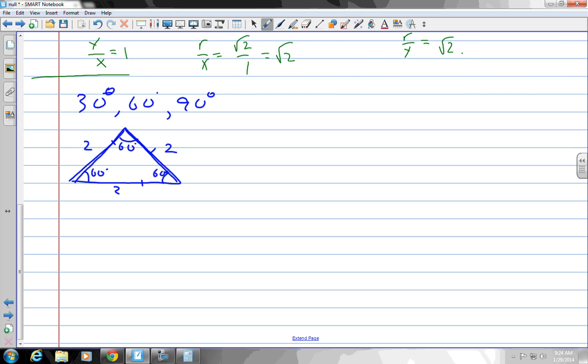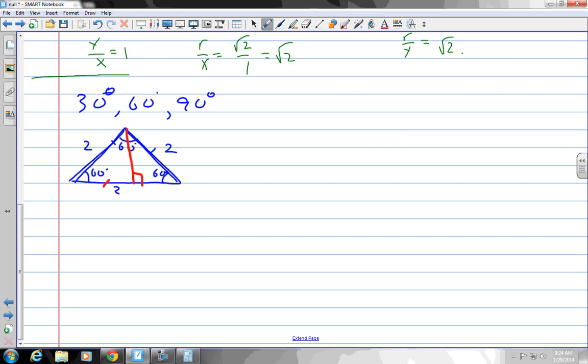Now what I'm going to do next, I'm going to drop the height from the top vertex. Do you remember your geometry? What is that height going to do? It's going to do two things. First of all, it's going to bisect the angle, because technically it's an isosceles triangle. With any isosceles triangle, the height bisects the angle and bisects the base.